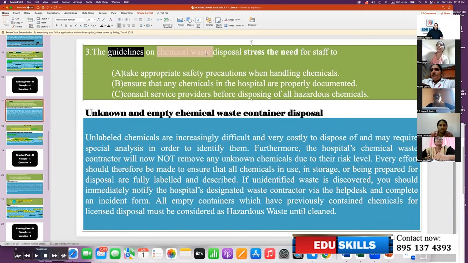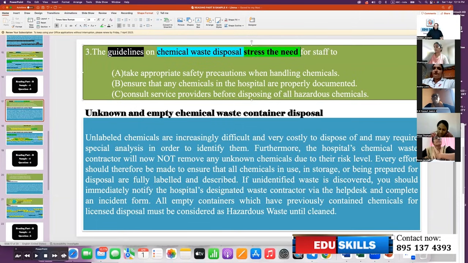About chemical waste disposal. And what is to be done? Stress the need for staff to take appropriate safety precautions when handling chemicals, to ensure that any chemicals in the hospital are properly documented, and to consult service providers before disposing of all hazardous chemicals.